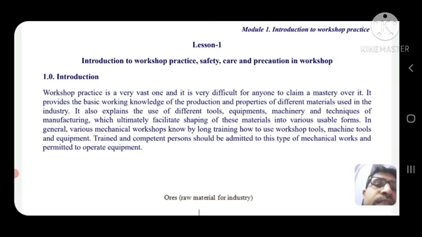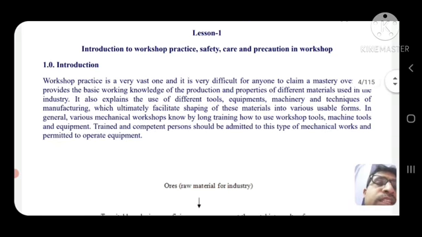It also explains the use of different tools and equipment, machinery and techniques of manufacturing, which ultimately facilitate shaping of this material into various usable forms.